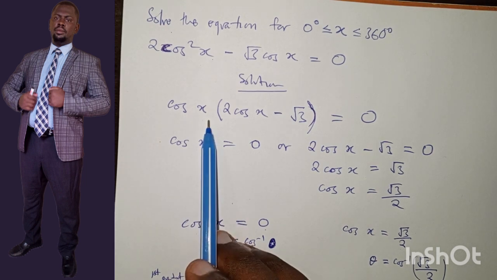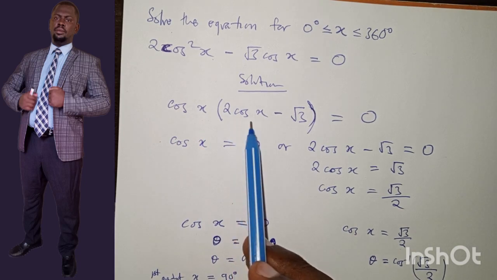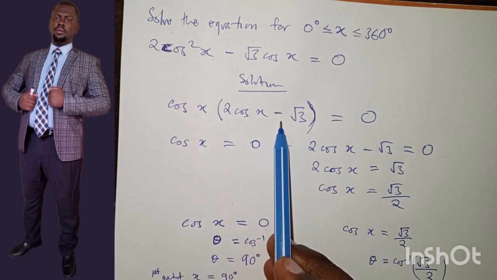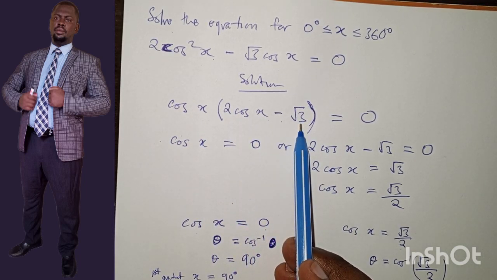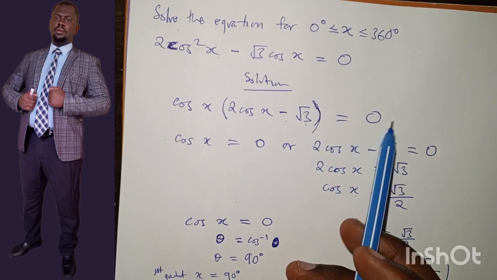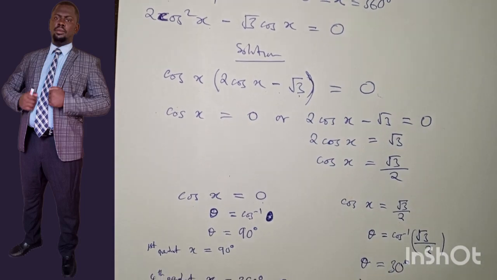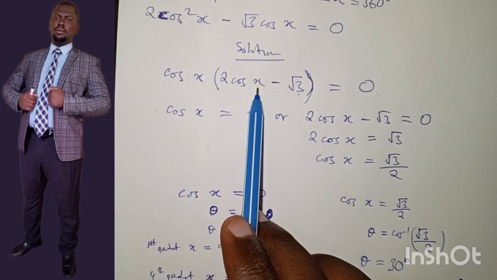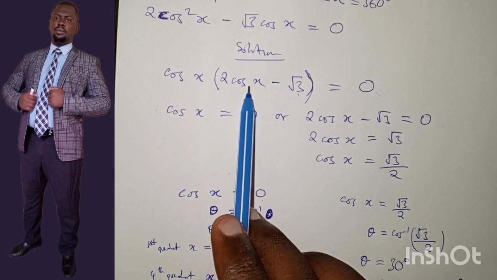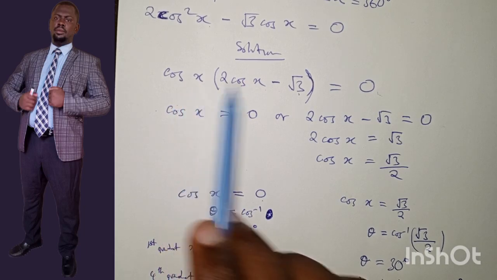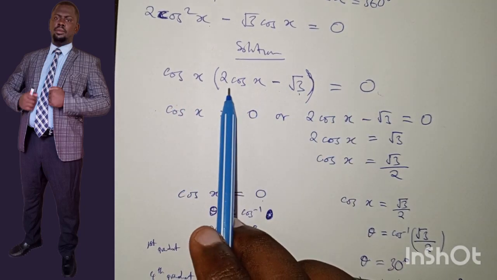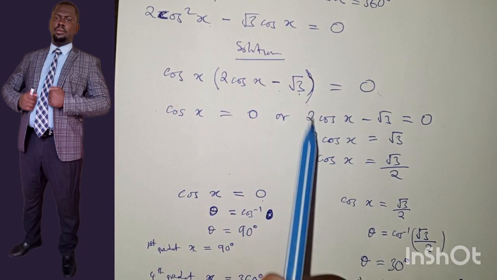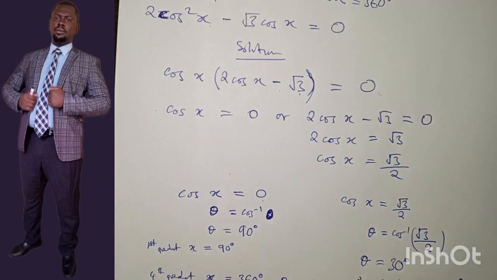So in brackets we have cos x times 2 cos x minus square root of 3 equals 0. Then we know that if there is a product, it means either cos x is equal to 0 or 2 cos x minus square root of 3 is equal to 0.